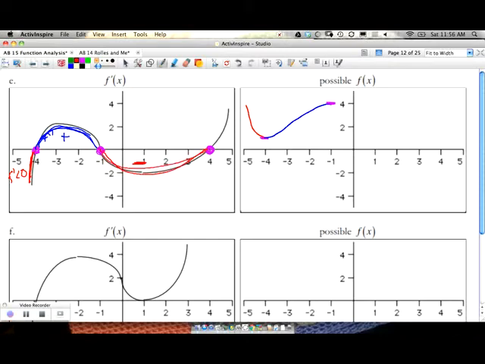Down here below the x-axis, this is a negative value, f prime is less than 0 again. So now we're going to be decreasing until we get to 4. So we're going to decrease, decrease, decrease. And then at 4, we start to flatten out again. So we're going to be flat here at 4.